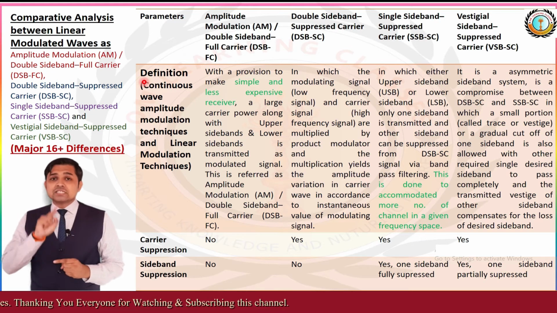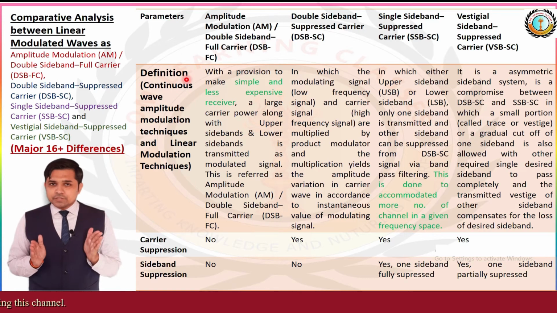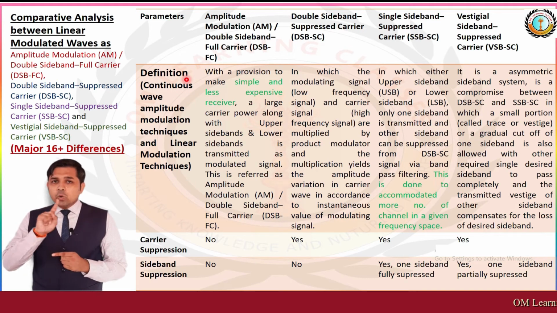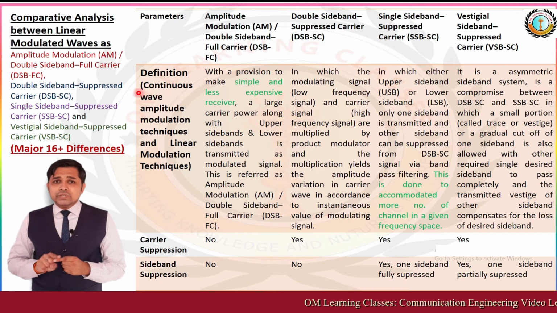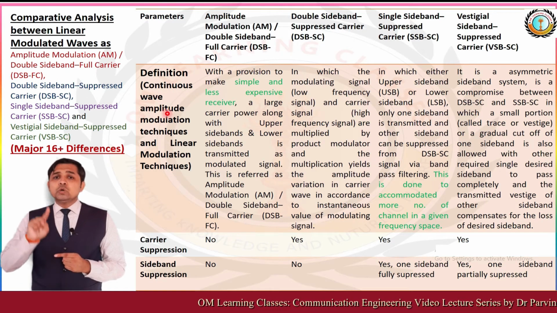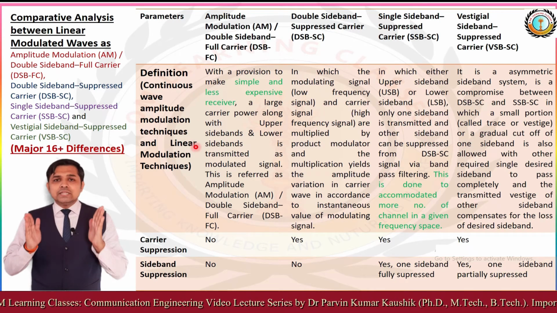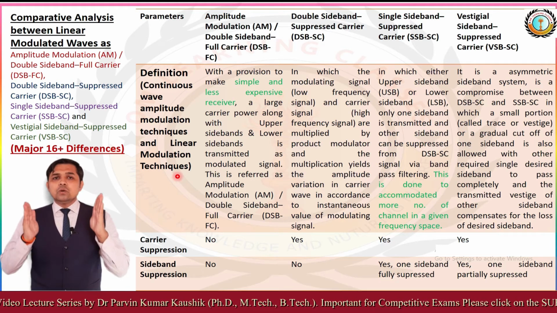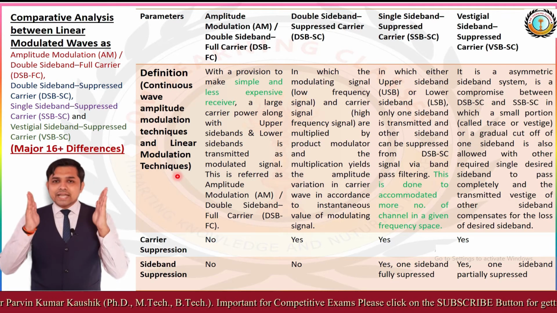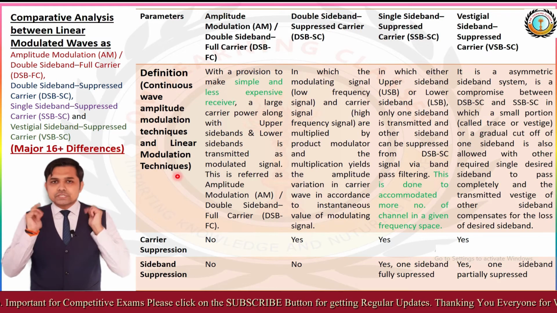So the first important difference is as per the definition. In definition, all these four schemes are under continuous wave amplitude modulation scheme, and all these four schemes are known as linear modulation technique or linear modulated waves.